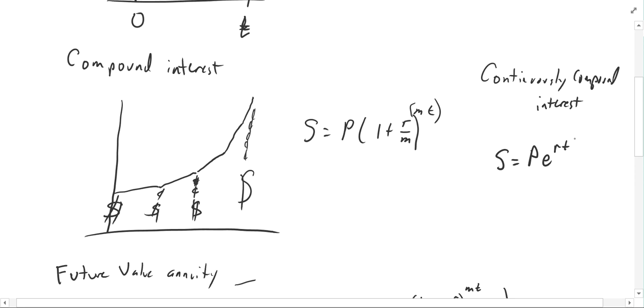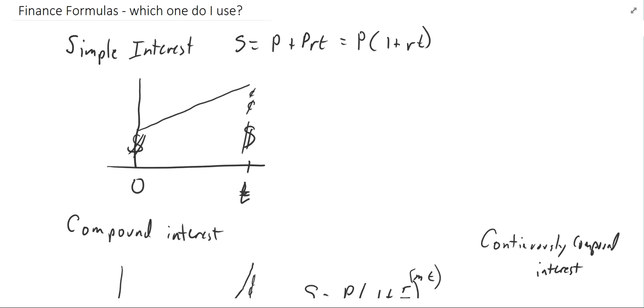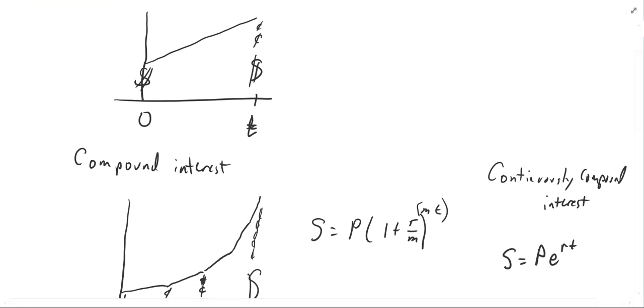So the three basic interest formulas are simple interest, compound interest, and continuously compounded interest. In all three of those, you make an initial deposit at the beginning, you withdraw the money at the end, and you also get some interest along the way. But it's a one-time deposit and one withdrawal at the end.